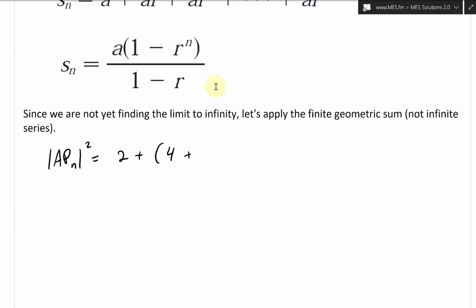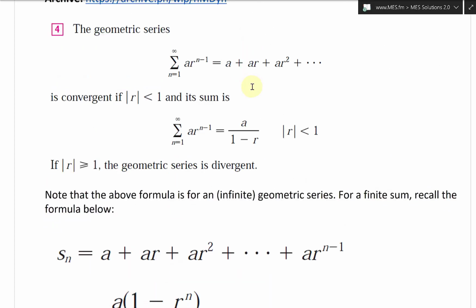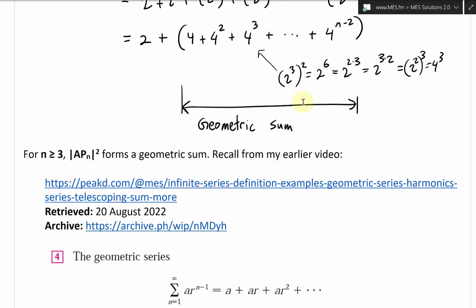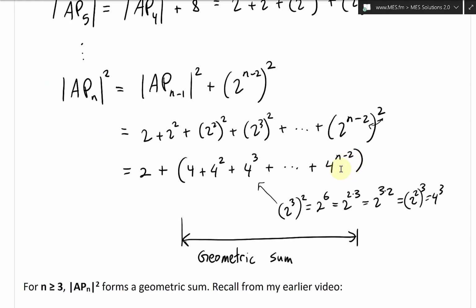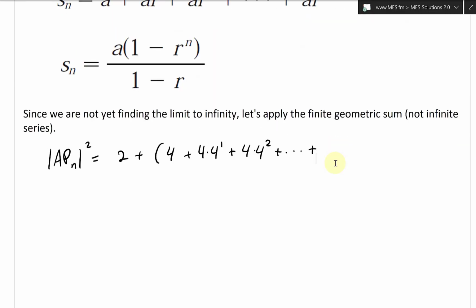I'll write this as 4 times 4. Then the next one is cubed, so I'm going to write 4 times 4 squared, and it keeps going on and on, plus, and the last one is over here, 4 to the n minus 2. We'll take that out, and then it'll be 4 to the n minus 3, so we just subtract 1 there. So 4 times 4 to the n minus 3, like that.